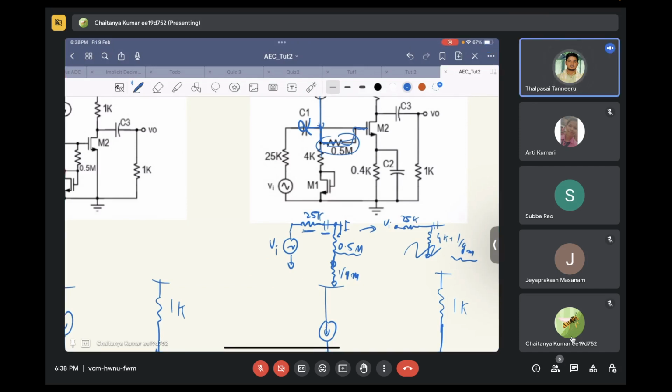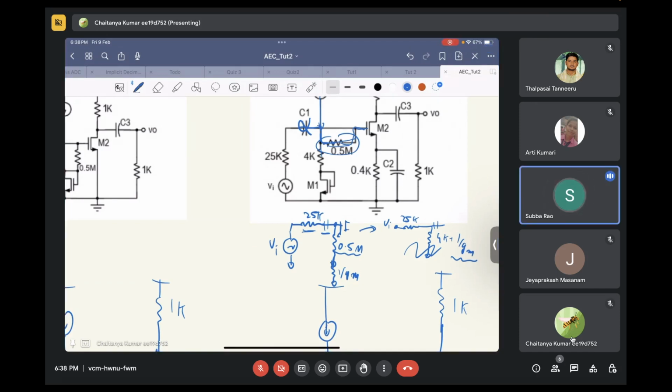Sir, the 0.5 mega ohm is in parallel with the gate and this junction, so if we take the parallel, it will be very less, sir. No, the 0.5 mega ohm is in parallel with the gate, but with the 0.5 mega ohm there is a series 1 by gm. Can you see this?